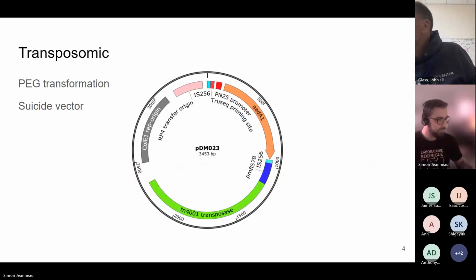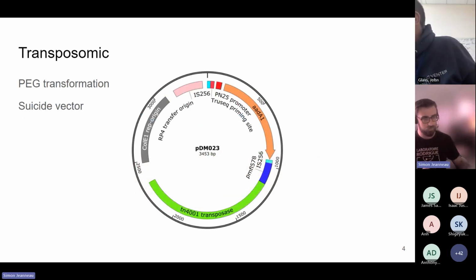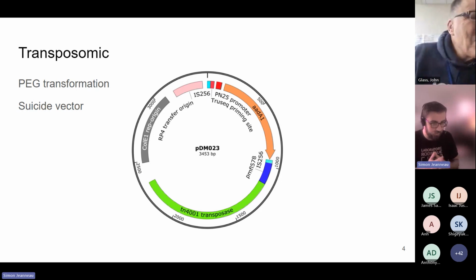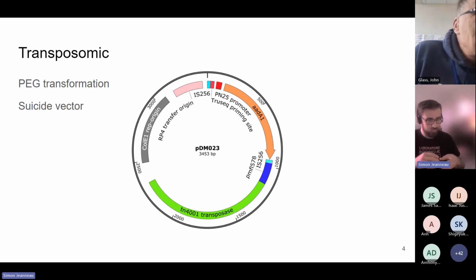But before, how we do our insertion is a very interesting way that has had a lot of optimization upstream. It's a PEG transformation that leads to the fusion of cells, with a suicide vector that transports the insertion cassette, which is inserted once in the genome, and the plasmid is no longer replicated or does not lead to multiple insertions.